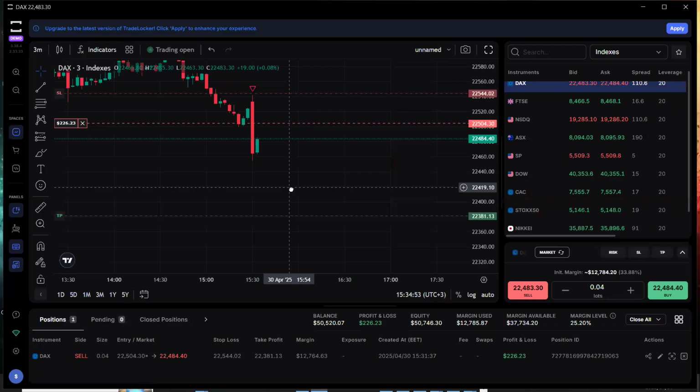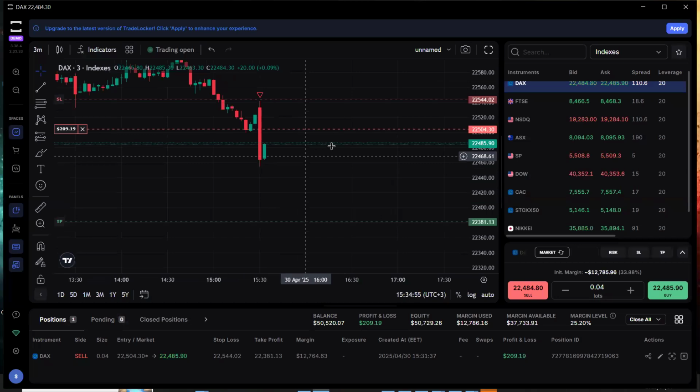Okay, there you see the trade running. Let's see what happens. Let's see how deep this retracement is going to be.